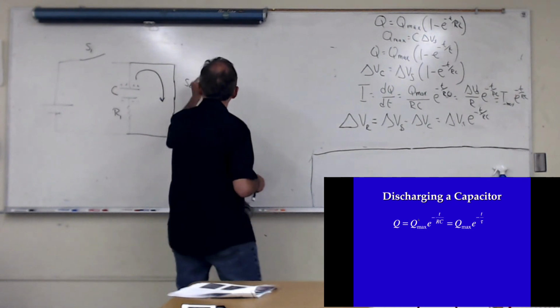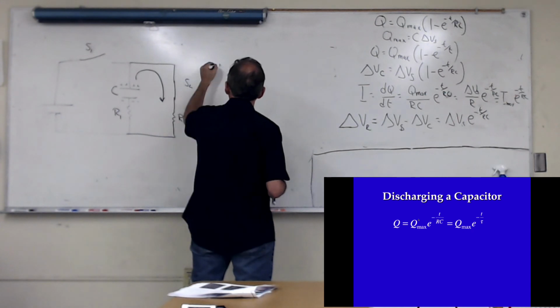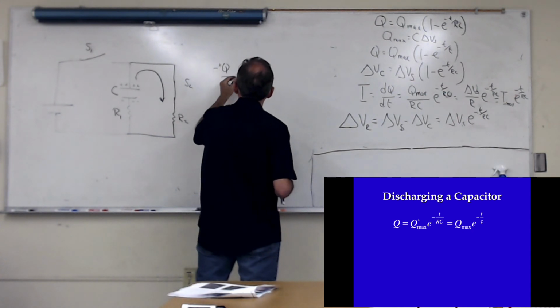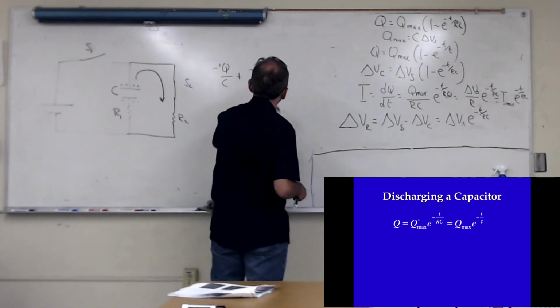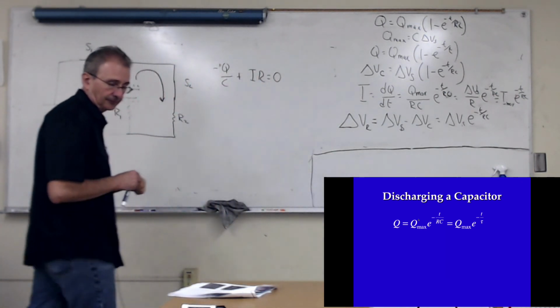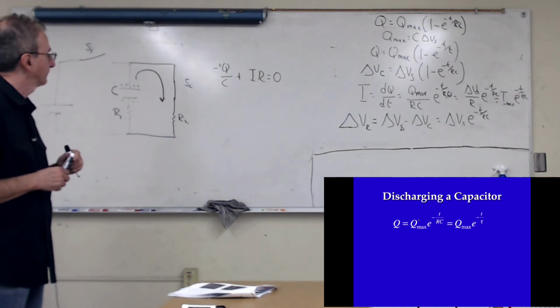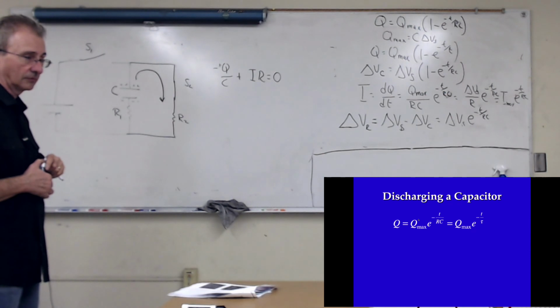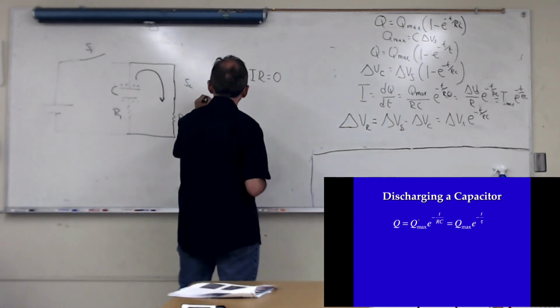So I have minus Q over C plus I times R equals 0. But what's I?